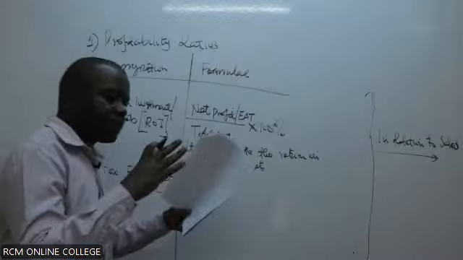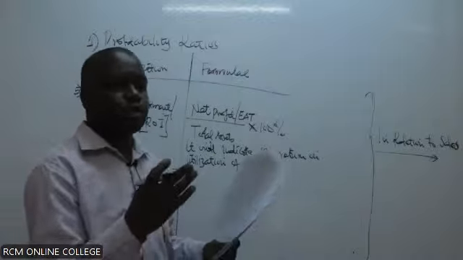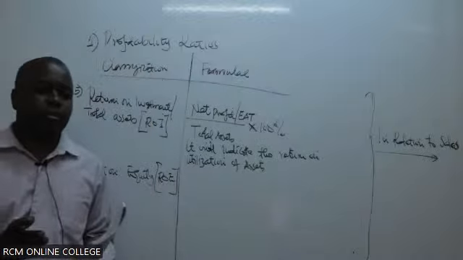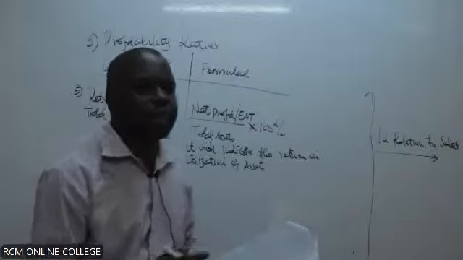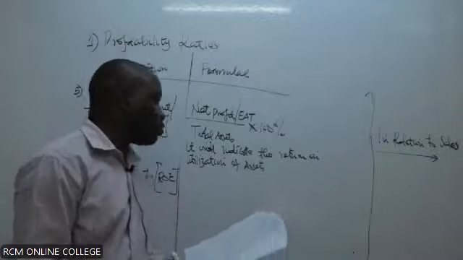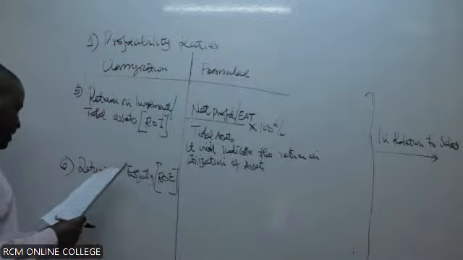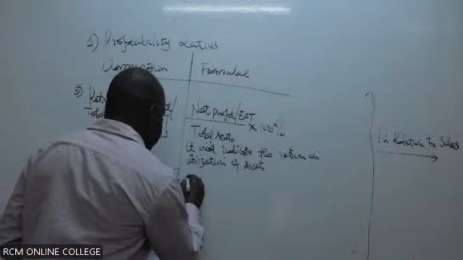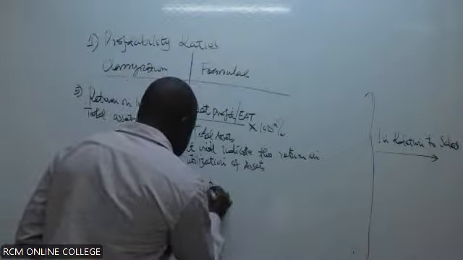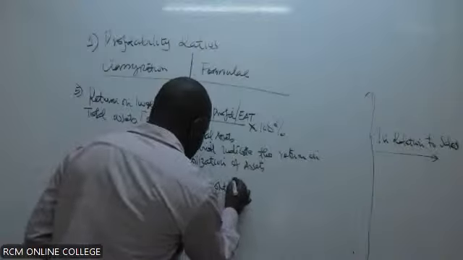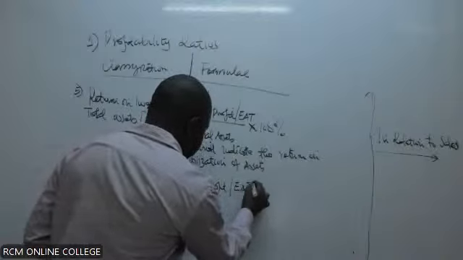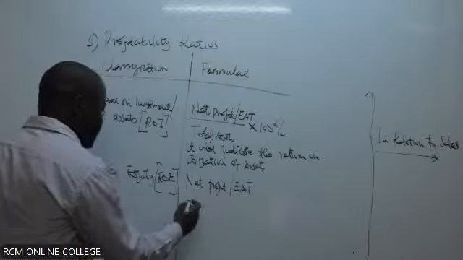Equity is the capital component in a company. It can be made up of ordinary share capital, or maybe preference share capital, or other forms of capital. So in this case, you'll be able to take net profit, or in this case, earnings after tax.